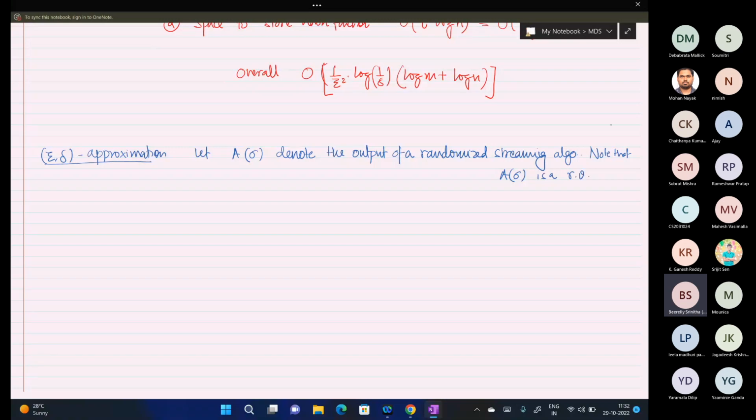And let phi(sigma) be the optimal answer.